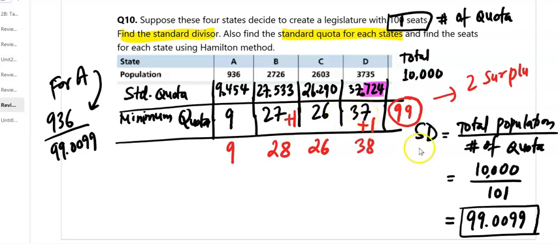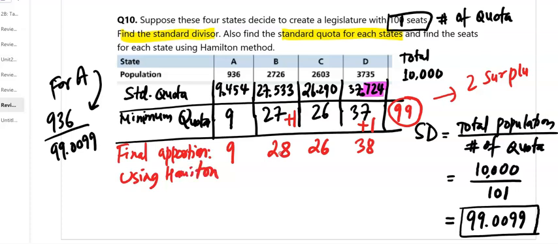That is the final apportionment using the Hamilton method. This is the final answer. If you add them all, you get 101.